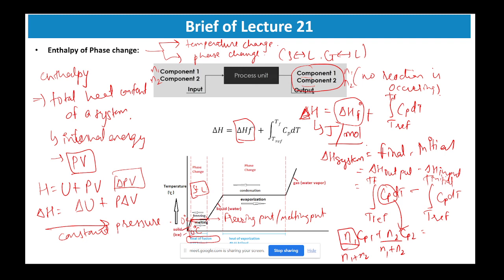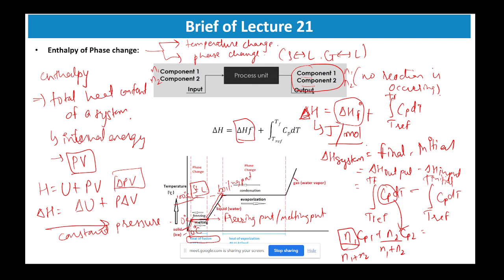Now again, if you keep on supplying heat, then the entire solid will get converted into the liquid phase. And once all the solid has transformed into liquid, the temperature will start rising again if you keep on supplying heat till the boiling point, which is 100 degrees for water.